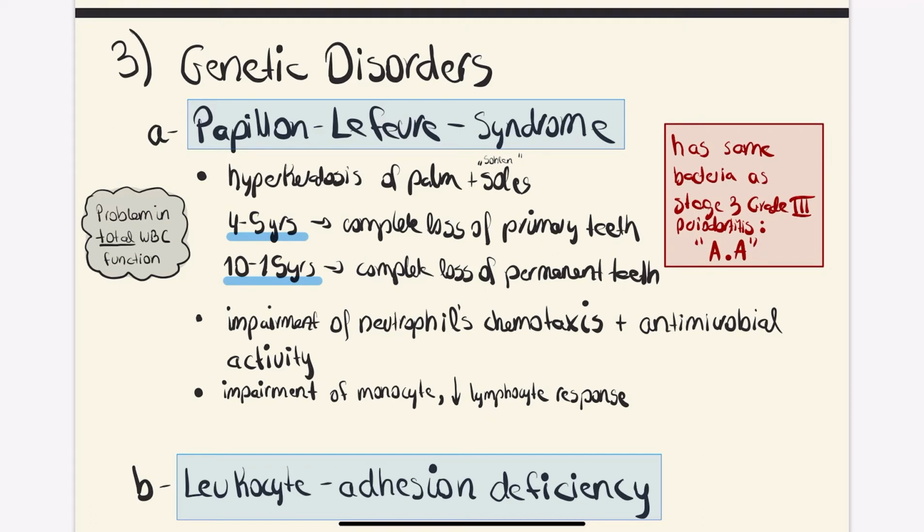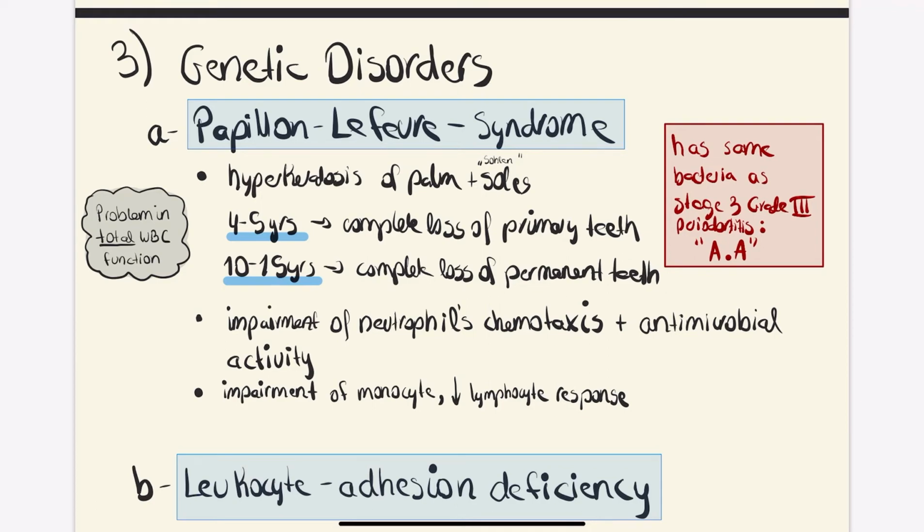We see here an impairment of neutrophil chemotaxis with antimicrobial activity, and an impairment of monocytes with decreased lymphocyte response.